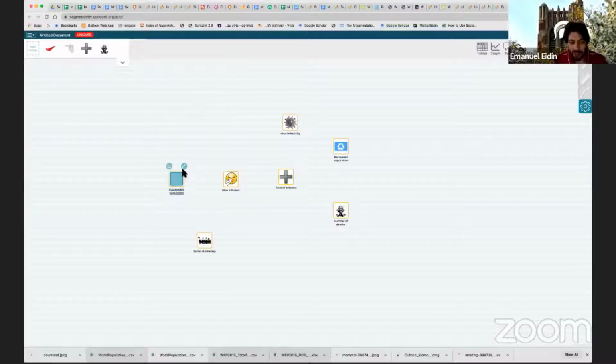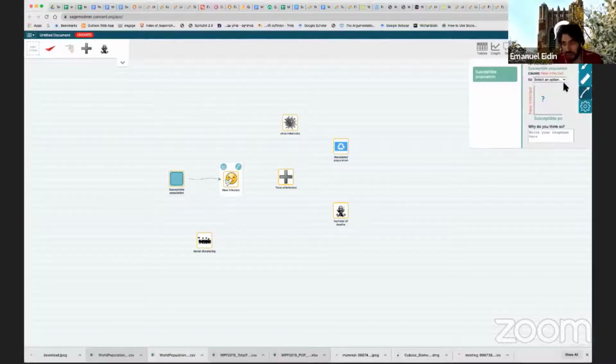So let's start. The more susceptible people I have, that's where you start making relationships in SageModeler. And that's the nice thing, and I would hope you would appreciate it because, well, I am biased, but I think it's great because it makes it more intuitive.